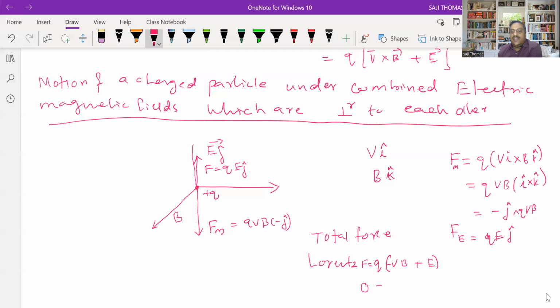We can write 0 equals q into (E minus vB).